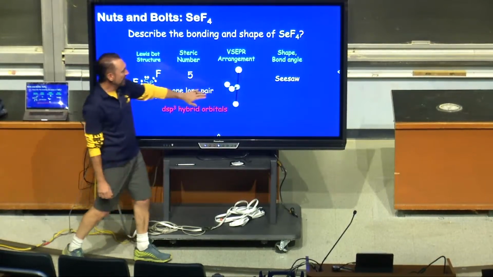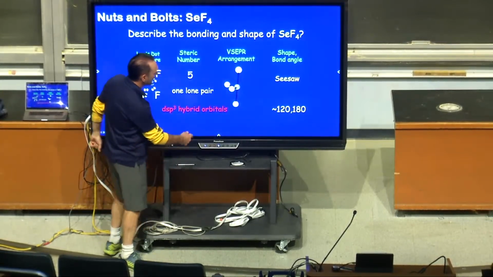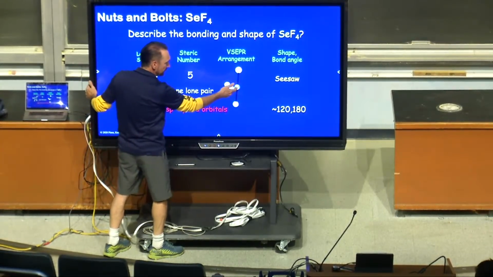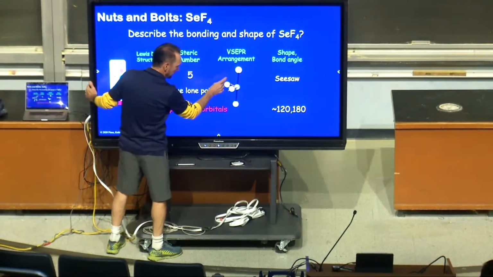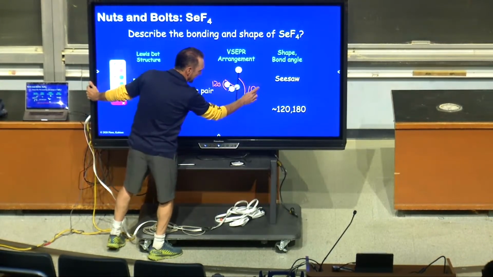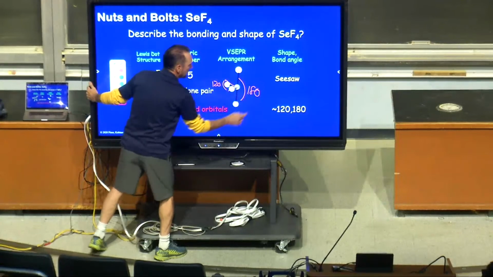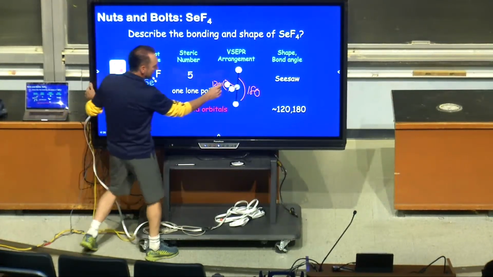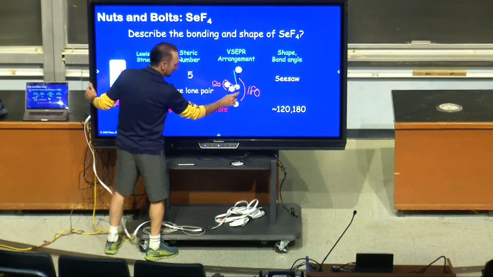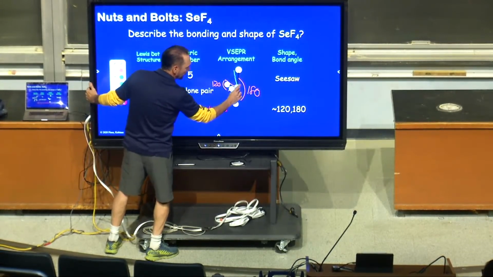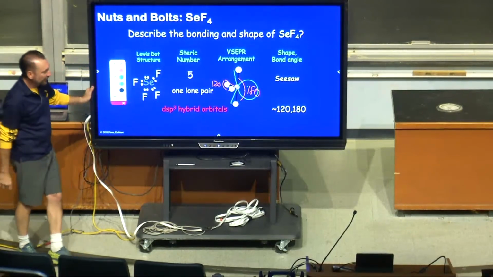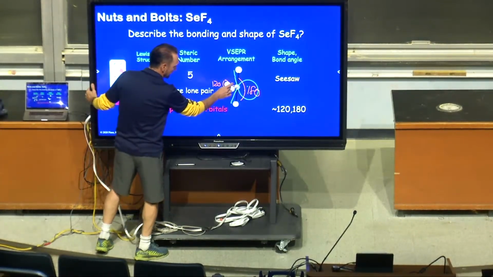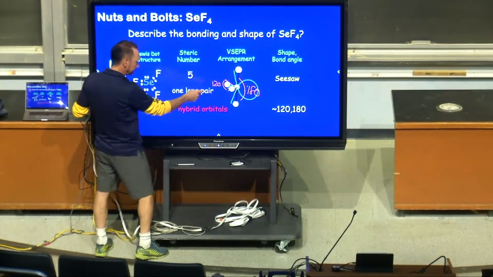So the shape is seesaw, where the bond angles are about 120 there and about 180 there. But we do know that they are compressed a little bit because there's this lone pair out there compressing those, and this one becomes less than 180.